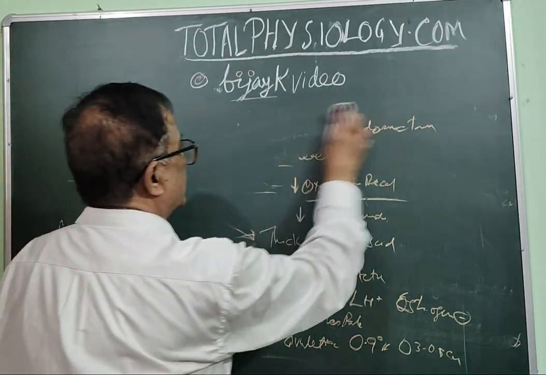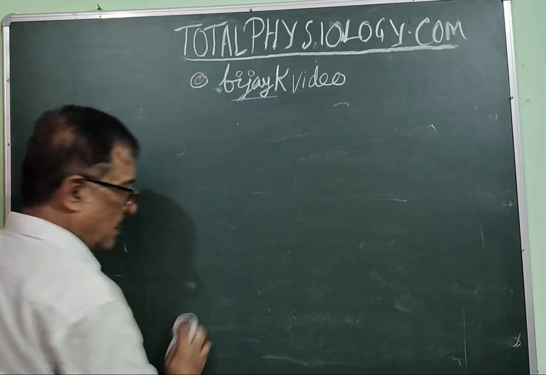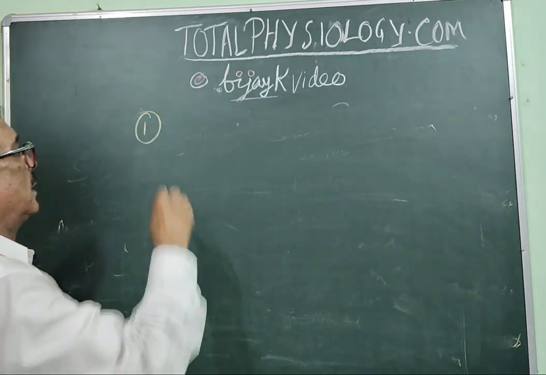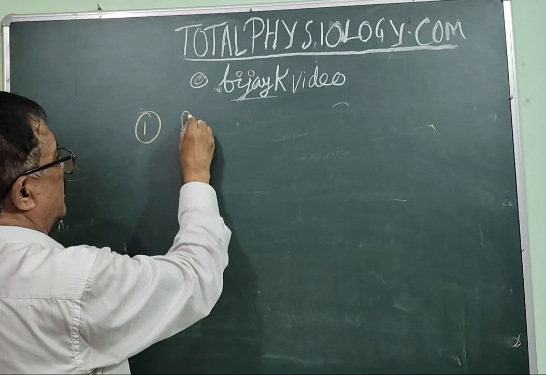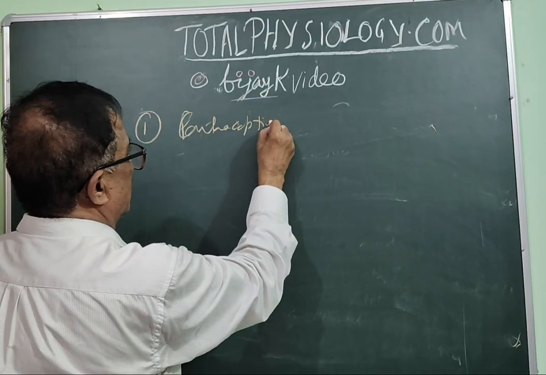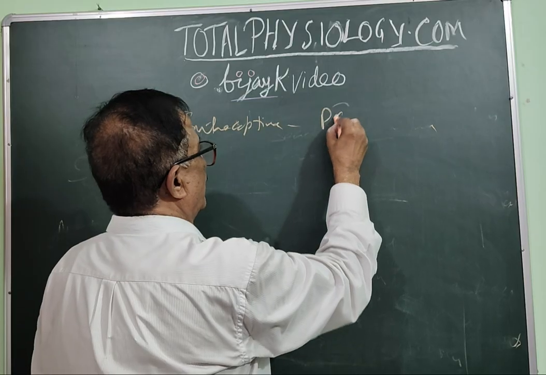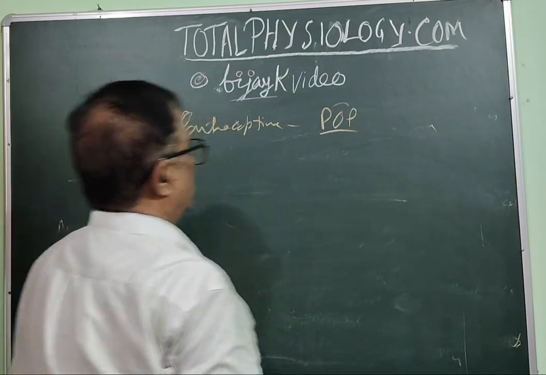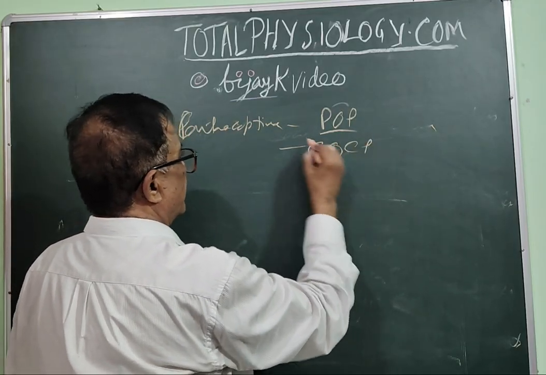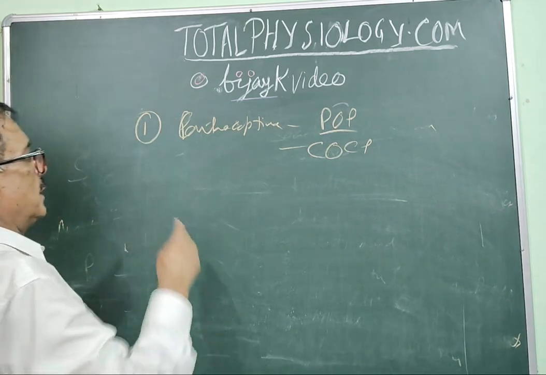Now coming to clinical use. Number one, it is used as a contraceptive: progesterone-only pills, and combined oral contraceptive pills, where it is used alone or in combination with estrogen.